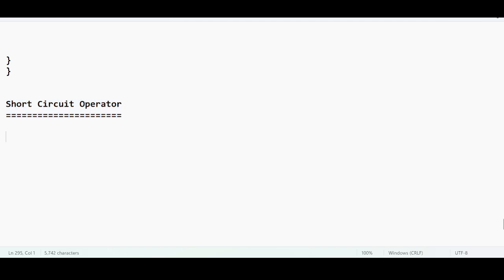Before understanding this, we need to understand the difference between logical and. When I say logical and, this is also an operator in Java, and this is also an operator in Java. You can either use a double ampersand or a single ampersand, right?